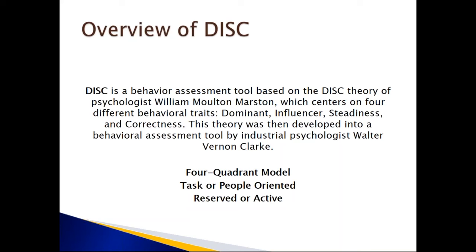But they're all essentially the same, even though the names are a little bit different. It's this 4-quadrant model, and it's really based on people being task or people-oriented and reserved and active. And each one of us leans more one way than the other in how we process information.